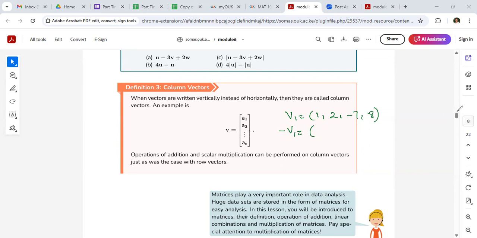Find the vector negative v1. I'll take the first one that comes on the chat. The vector is 1, 2, -7, 8. So what would be the vector negative v1?